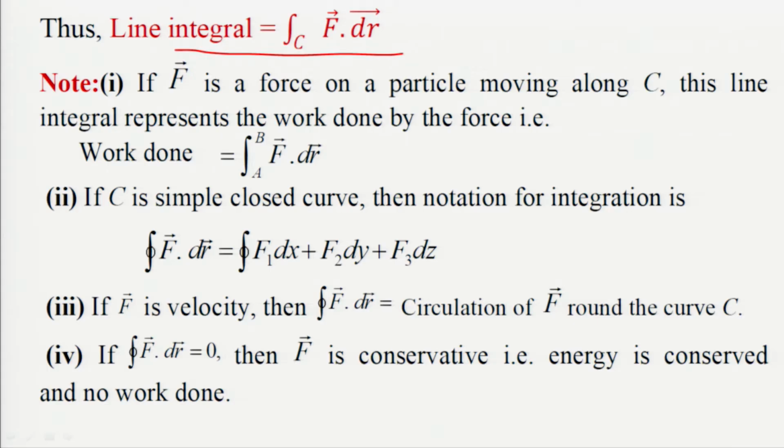Now, if f is a force acting on a particle which moves along the curve C, then this line integral represents the work done by the force F. So, if you want to find the work done by the force from a point A to B, then we have to evaluate the integral from A to B of f dot dr.